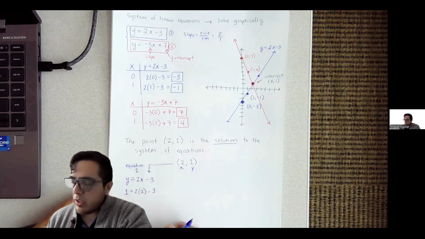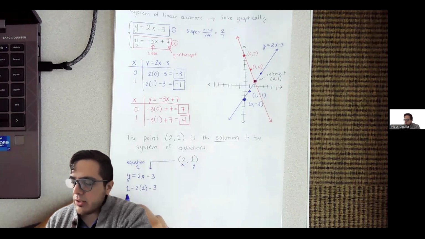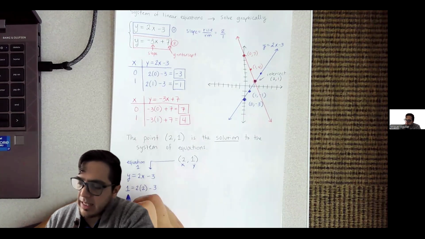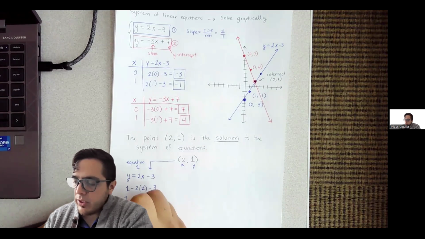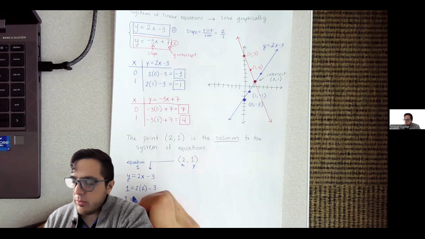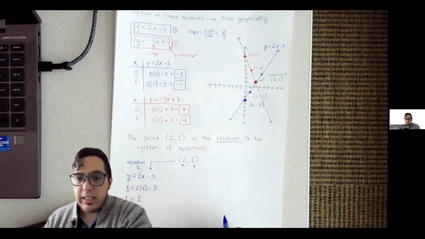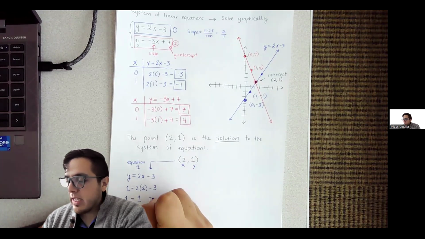Okay, so all we're going to do is plug in this ordered pair, this x and y value, into your equation, and then we're going to simplify both sides. There's nothing to do with this 1, but over here on the right side of the equation, we have 2 times 2, which is 4, minus 3, which is 1, and you can check that in the calculator. We have 1 equals 1, which is a true statement.